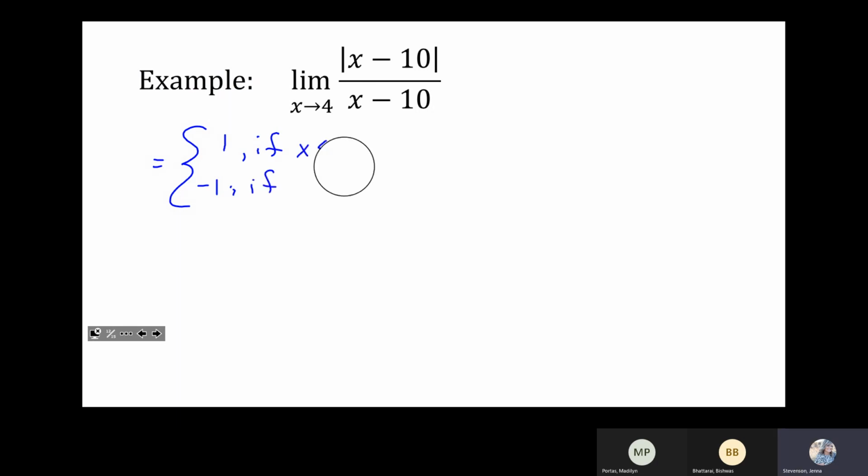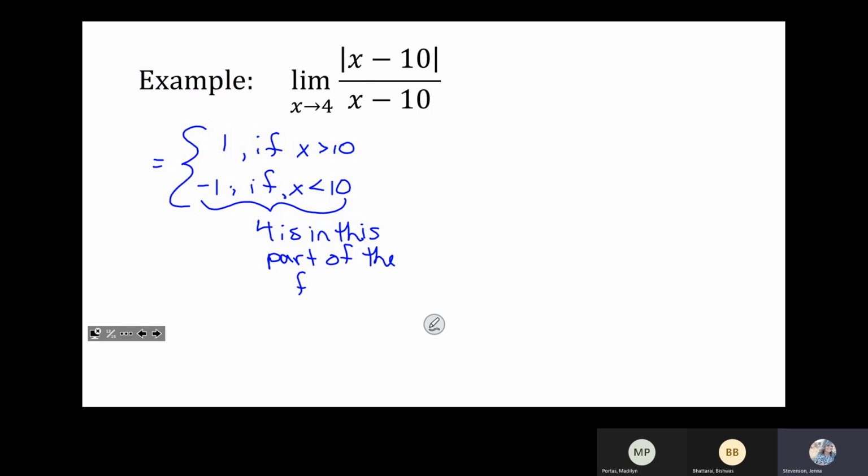This is greater than 10. Okay, so I'm still going to be using the side that has 4 included. So that limit would equal -1.